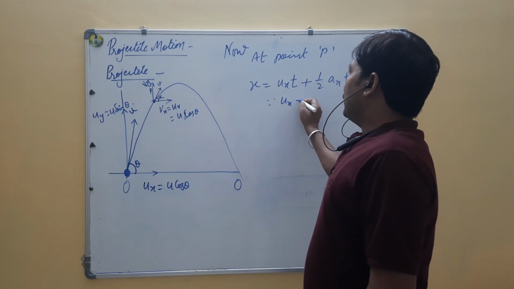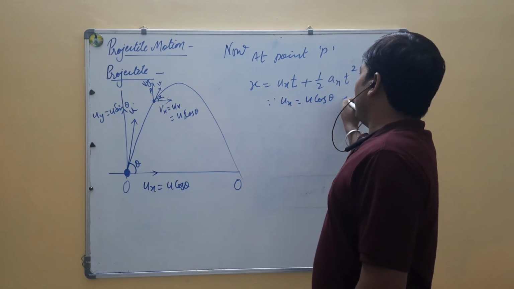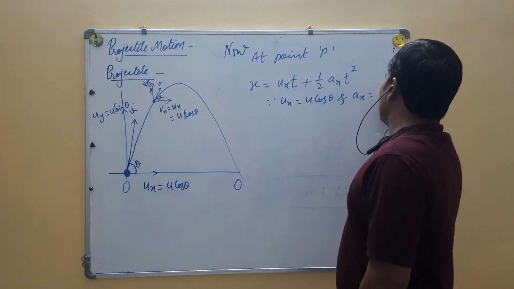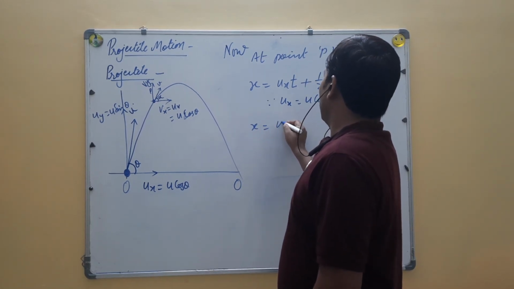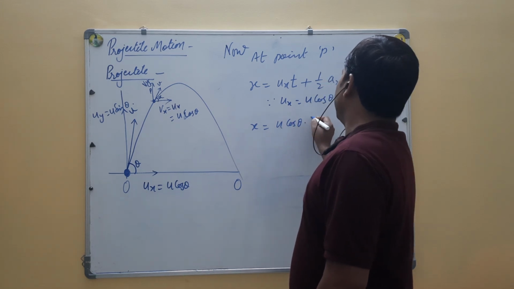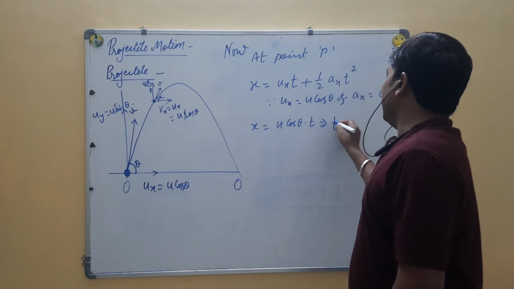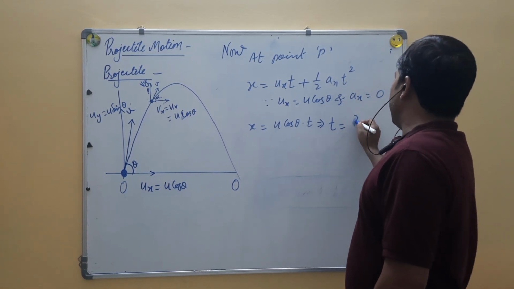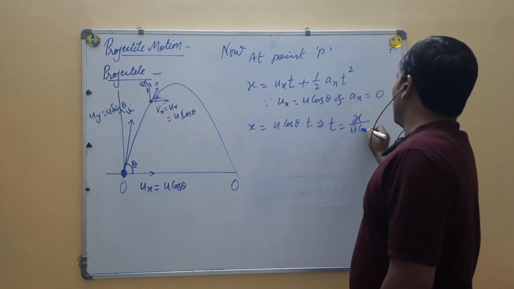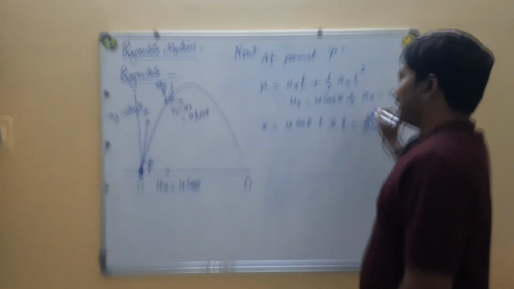Since ux is equal to u cos theta and ax is equal to 0, therefore x is equal to u cos theta into t. From here, t will be equal to x upon u cos theta. This is equation number 3.